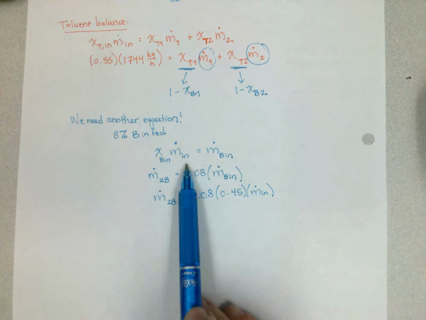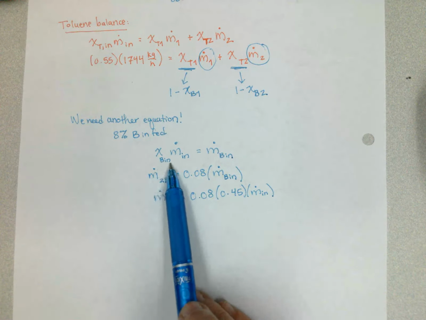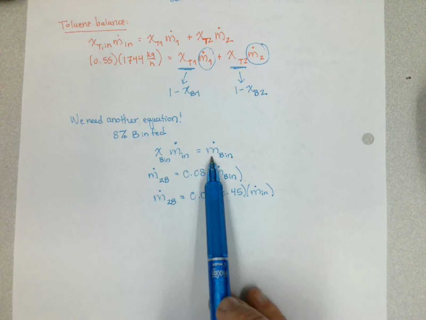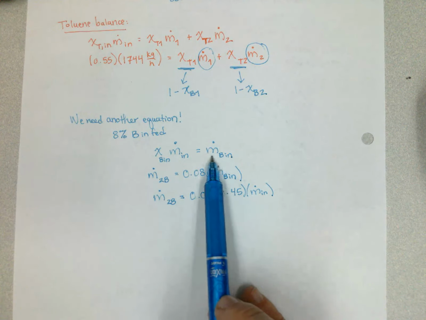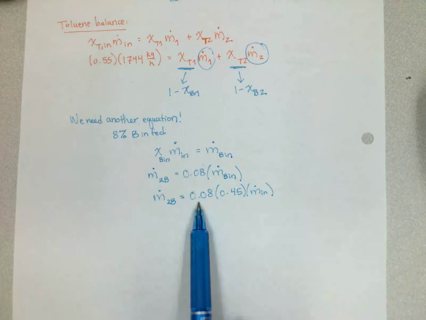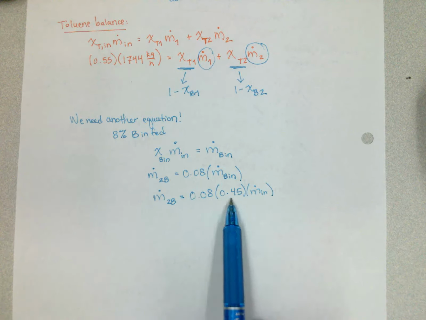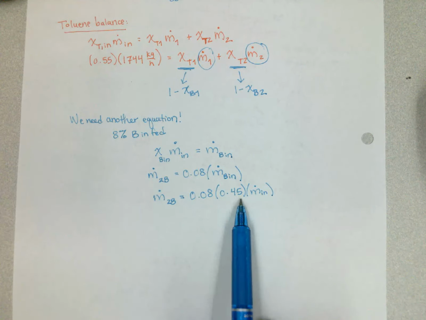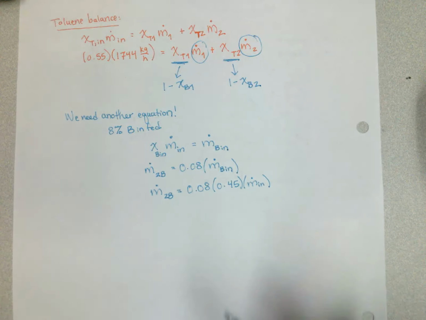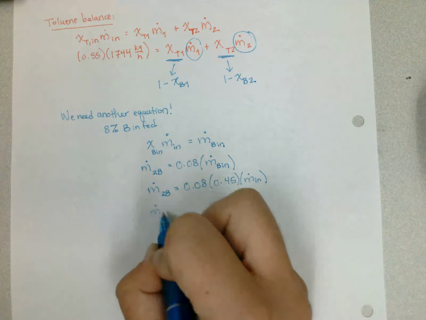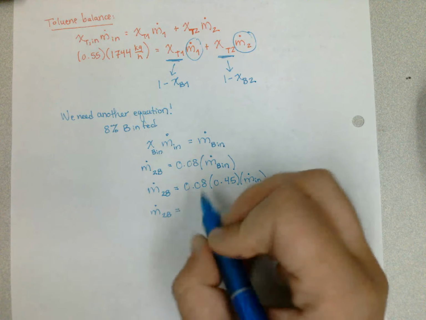So you have to remember that if you're multiplying a mass fraction by a total flow, you're effectively getting the amount in that stream. So this is the number that needs to be multiplied by the 0.08. So you've got to multiply your 0.08 by that mass fraction, the 0.45, and the mass in. So we actually know the mass in. So real quick, let's grab this number here.